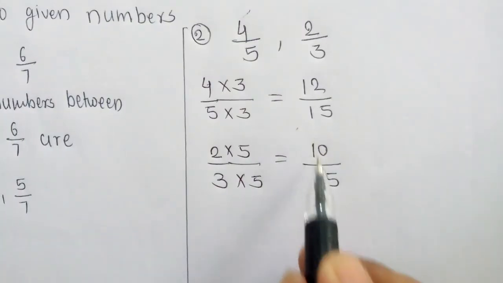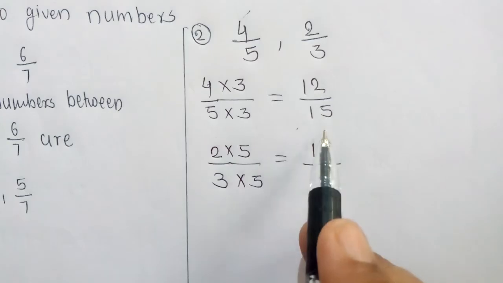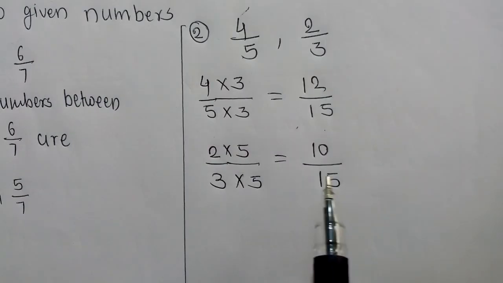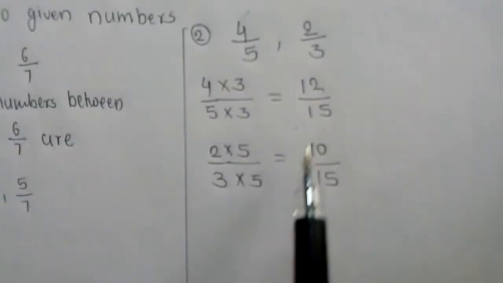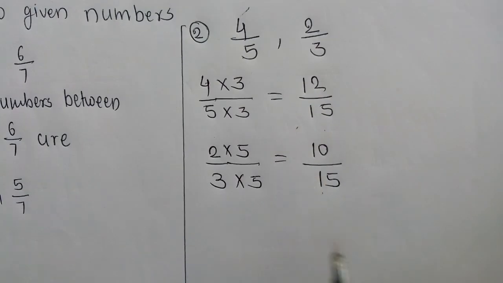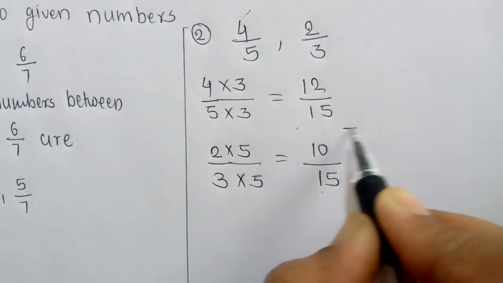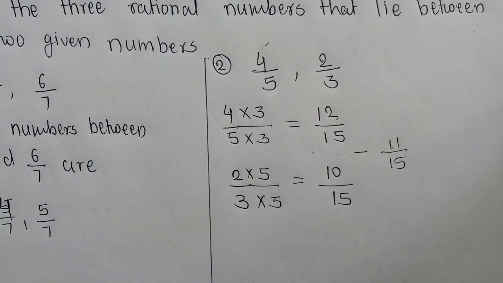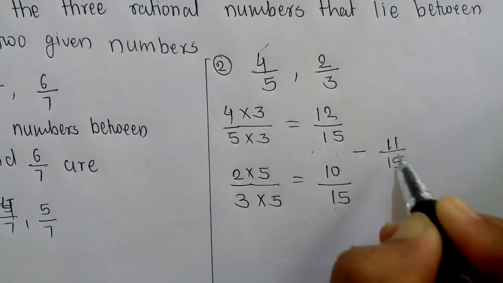So here we got two fractions, 10 upon 15 and 12 upon 15. We can tell one fraction between these two: 11 upon 15. But here we got only one fraction, 11 upon 15.